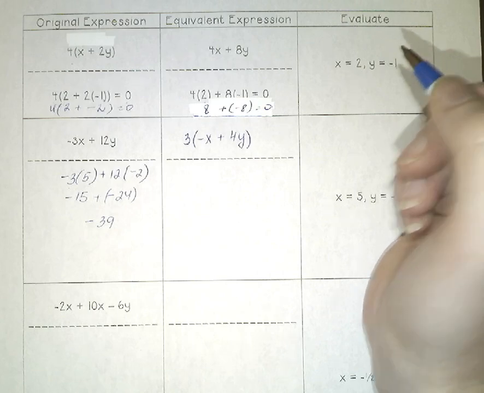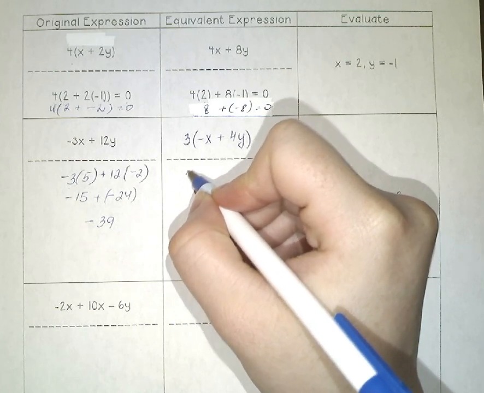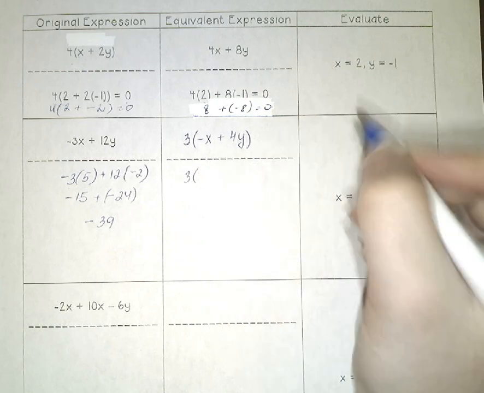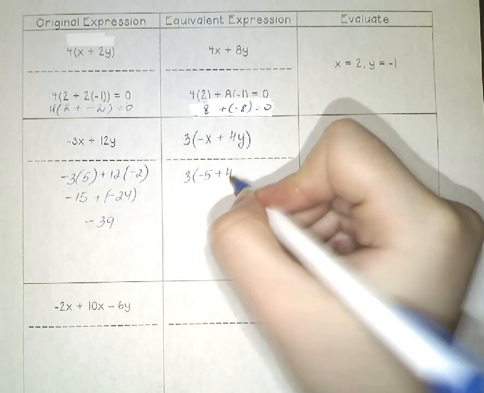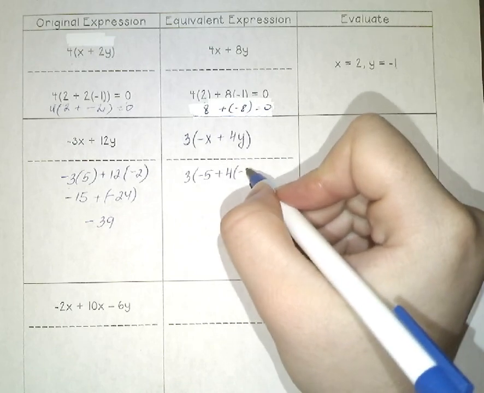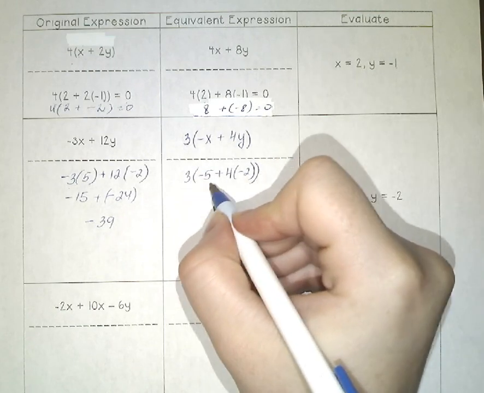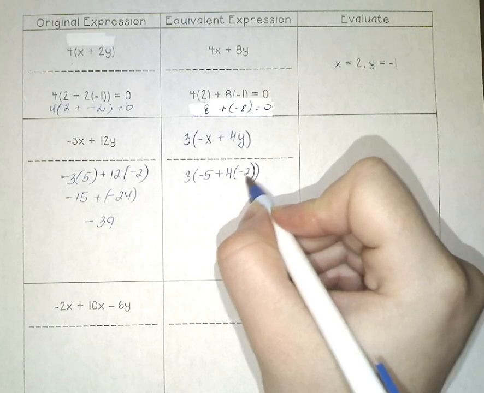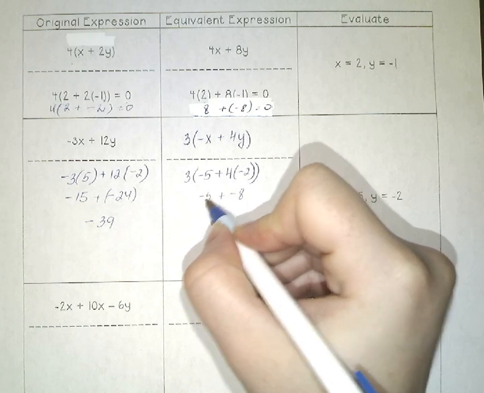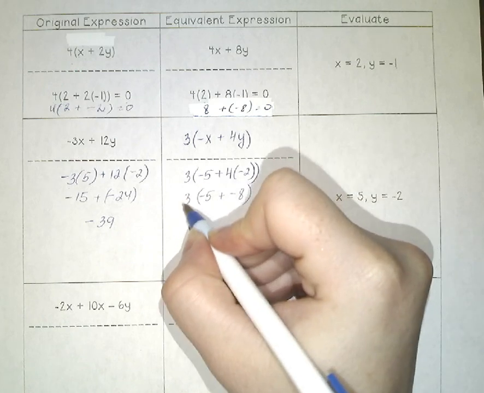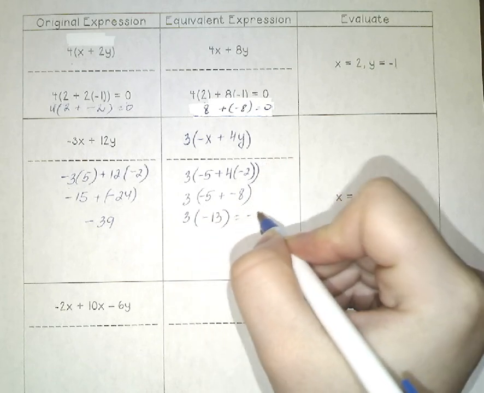Okay, so I'm going to write 3 times -y, -5, plus 4, and that we are multiplying by -2. Okay, so 4 times -2 is going to be -8, and we have -5 here. So we will have 3 times -13, and that is also -39.